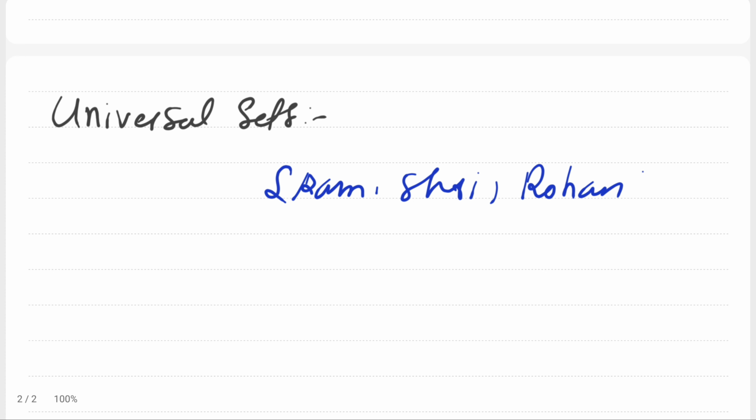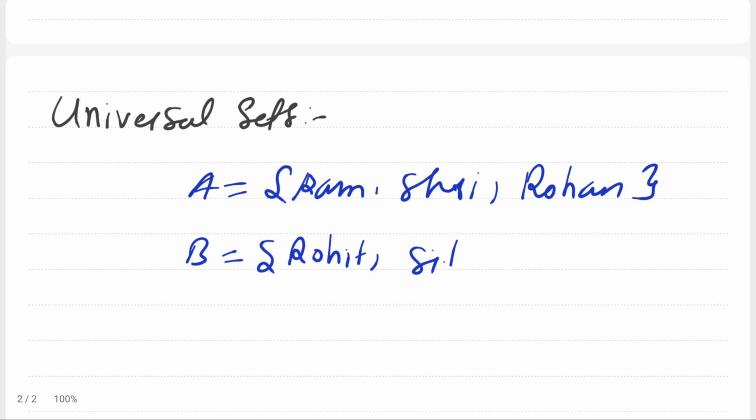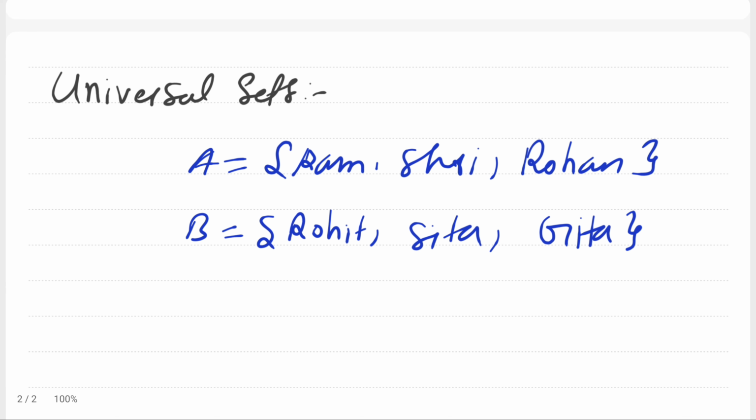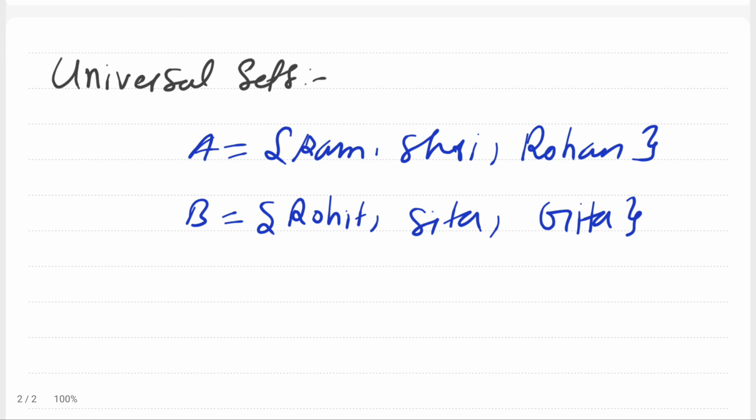This is our one set, set A. And set B has Rohit, Sita, and Geeta. This is our set B. So how do we represent this? The universal set is always represented by U. Remember, the universal set is represented by U.